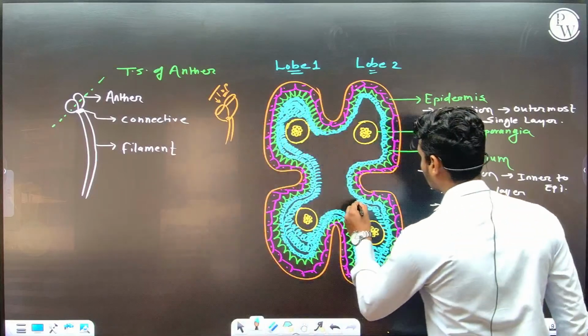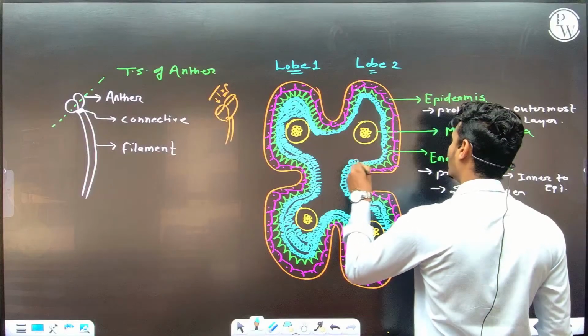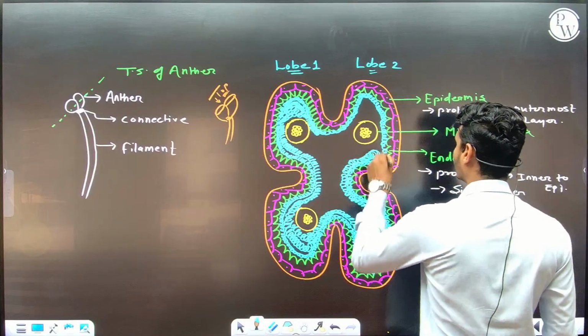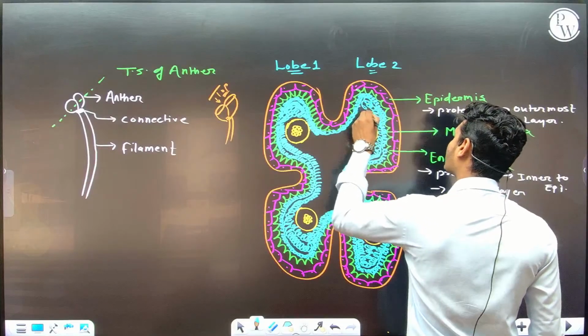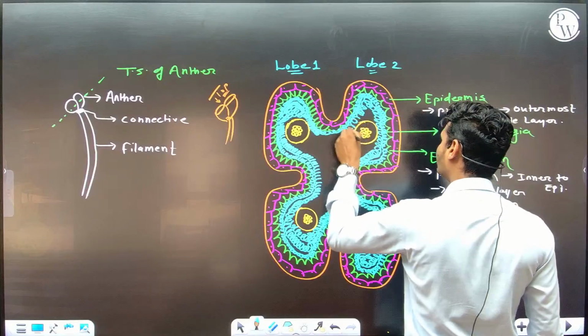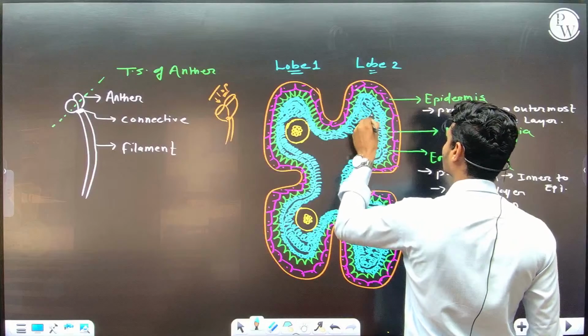How many middle layers are there? 2 to 3. It also has which kind of cell? That is the parenchymatous cell. What is the function of the middle layer? Sometimes storage of food, and most probably use in dehiscence as well as protection purpose.